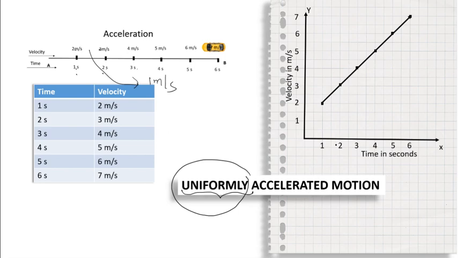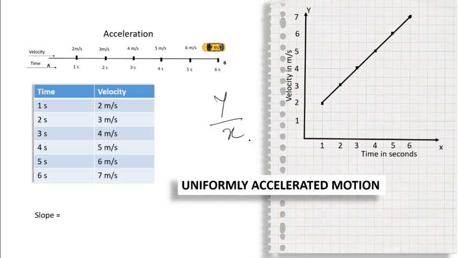Now we have learnt about a concept called slope. And what do you mean by slope of a graph? It's very simple. Slope is y-axis divided by x-axis. You can write y by x. Now what actually is the y-axis and x-axis? The y-axis represents change in velocity. Look at this y-axis. What is there in the y-axis?